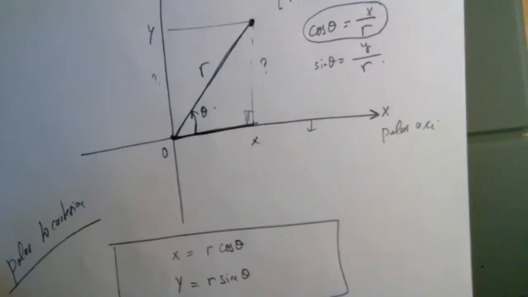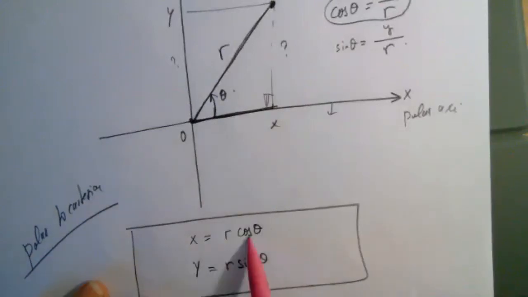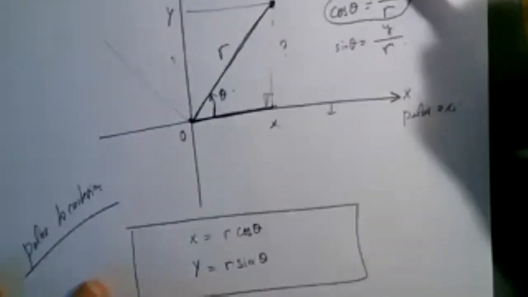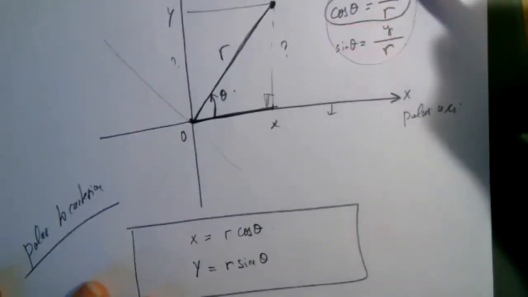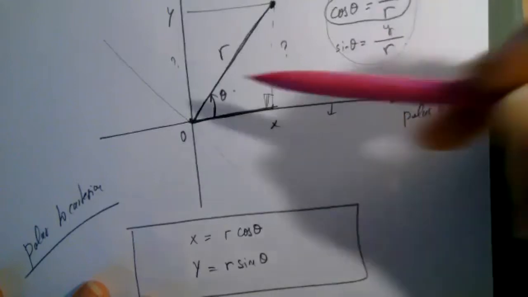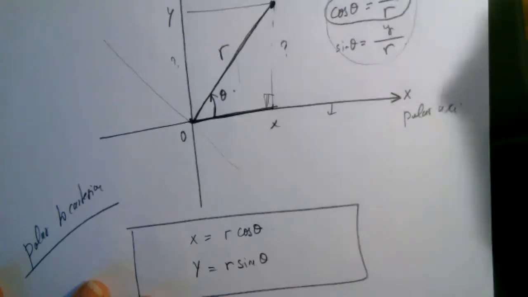But we can show, and it's not really hard, that the same relationship holds regardless of where theta is, in any quadrant, and whether r is positive or negative. I only showed it in a restricted area to help you memorize it. And why it holds, I will mention a few words about that.